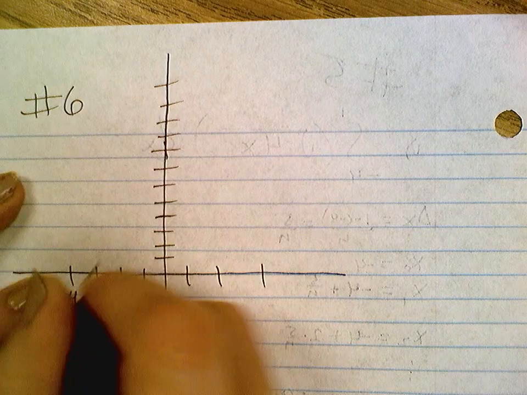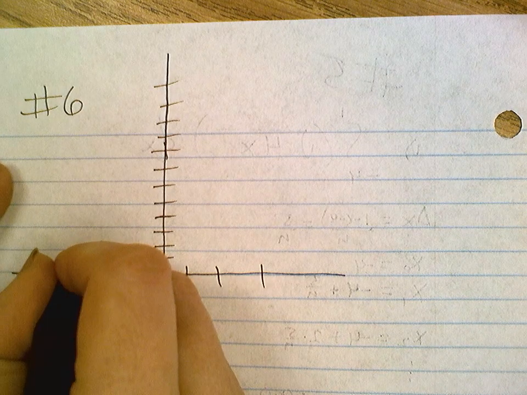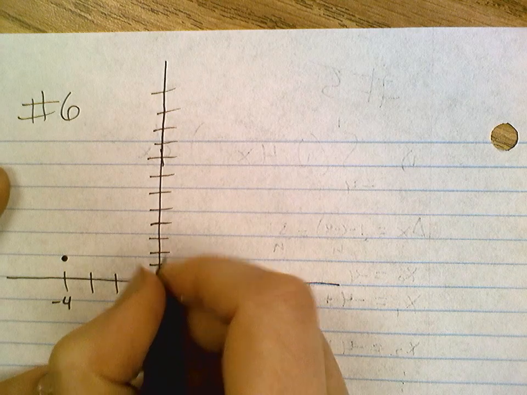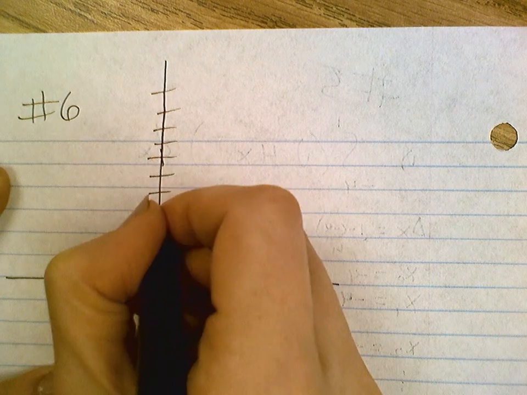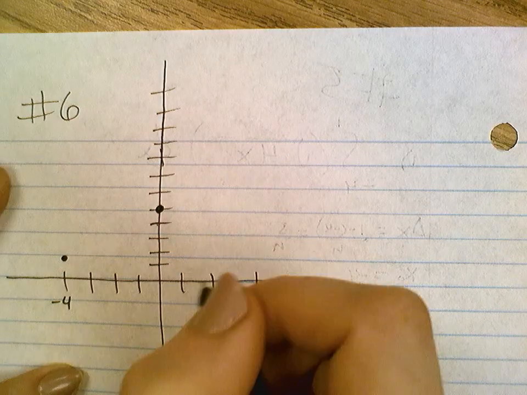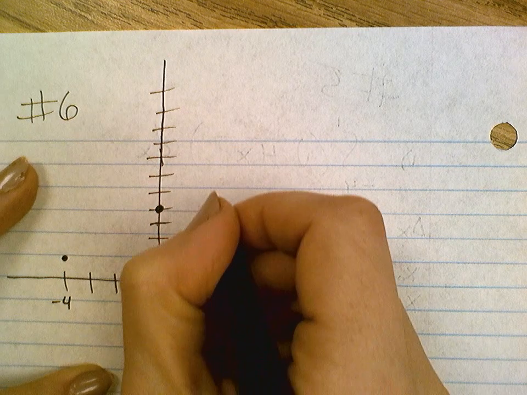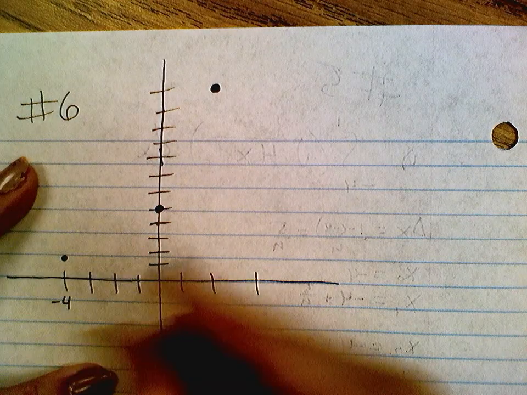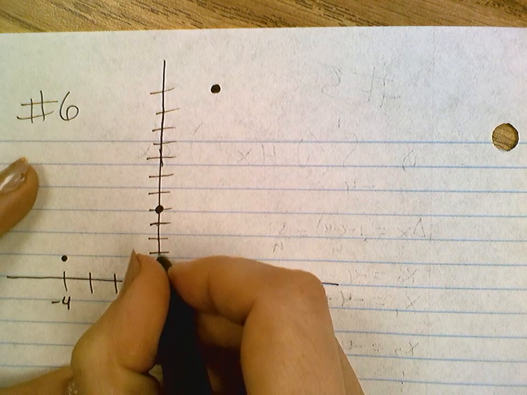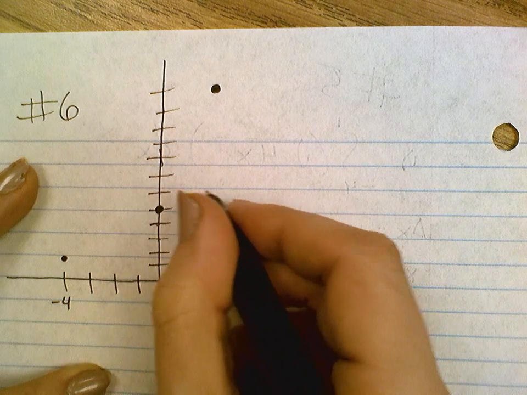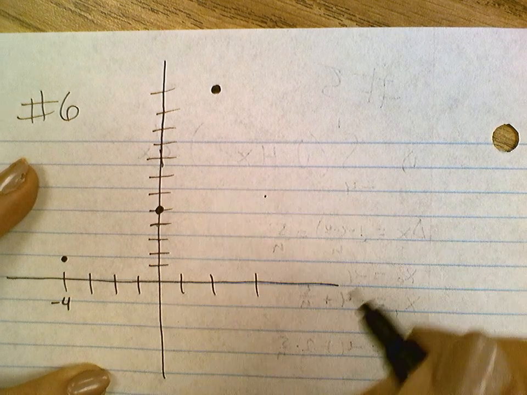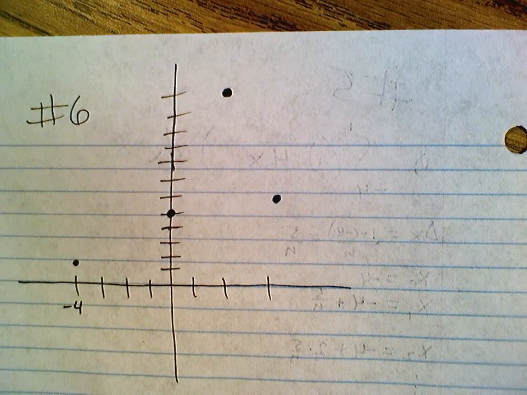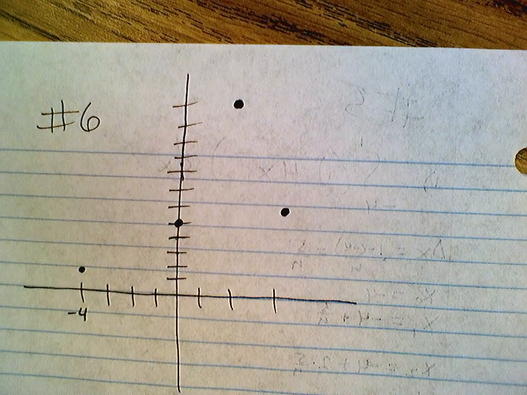Negative 4, 1 is the first point. 0, 5 is the next point. 2, 12. And then 3, 6. Okay, so there are the points.